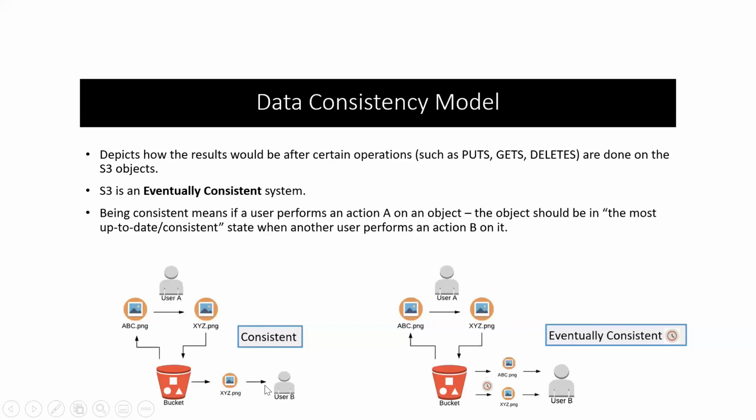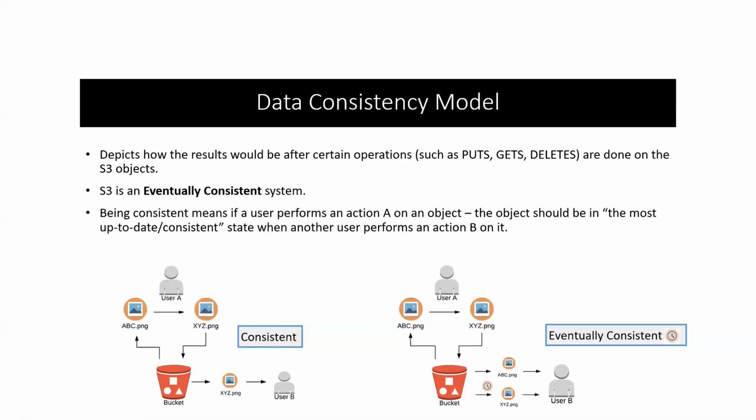This is known as the consistency model: you have made some changes, the object and the bucket have been updated, and you should see this particular latest version.